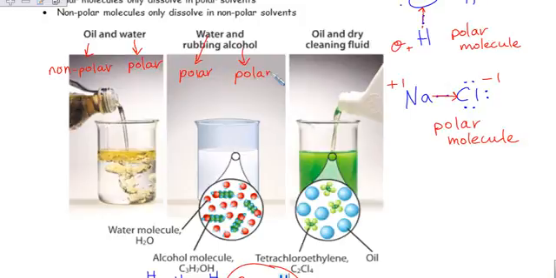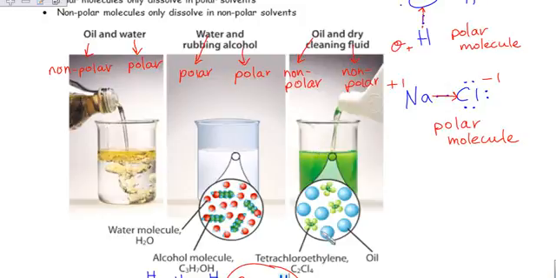The last picture, they're trying to show that oil and dry cleaning fluid are soluble. They mix well together. And so if I know that the oil is nonpolar, because the oil does not dissolve in water, I could tell you that the dry cleaning fluid must also be nonpolar, if these two mix. Like dissolves like.